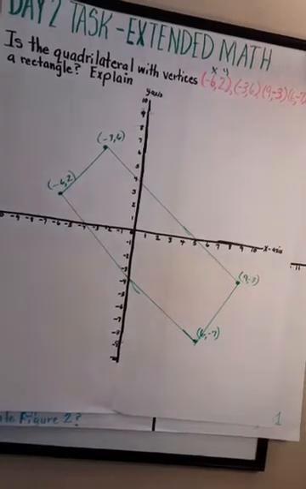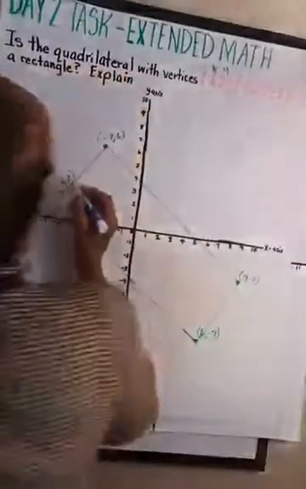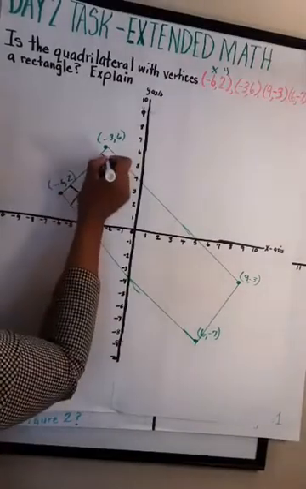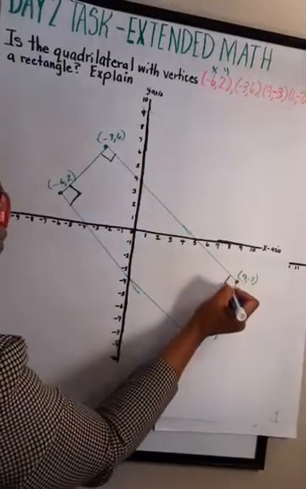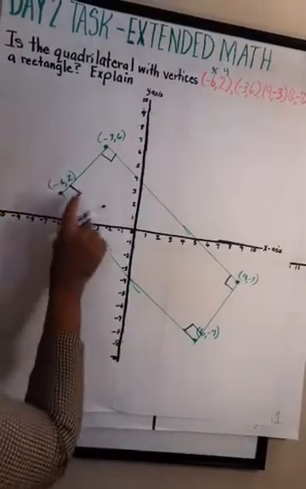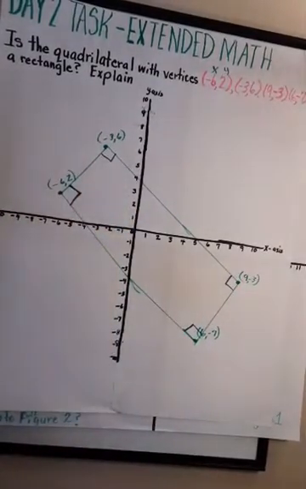Now, it has 4 angles. And here is one. Here is an angle. And here's an angle. What else do I know about these angles? What kind of degrees are they? It's a right angle. And how many degrees is it? Write it down.